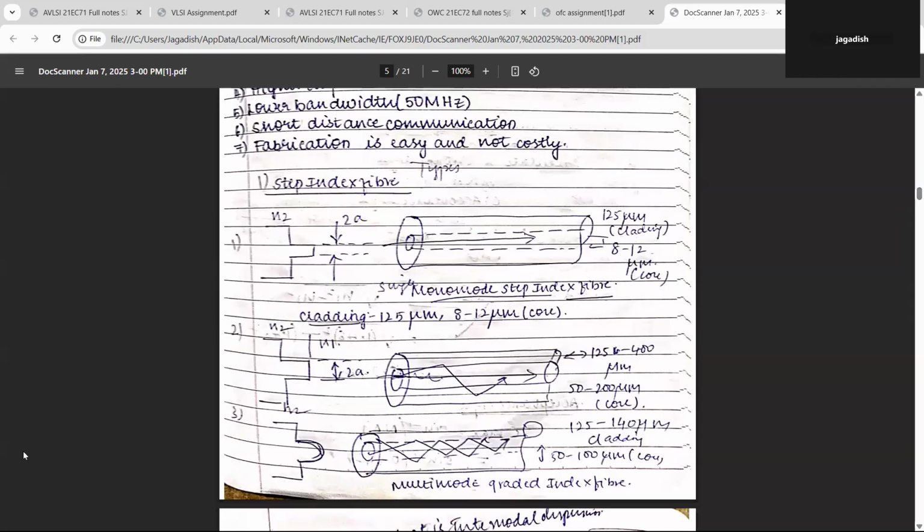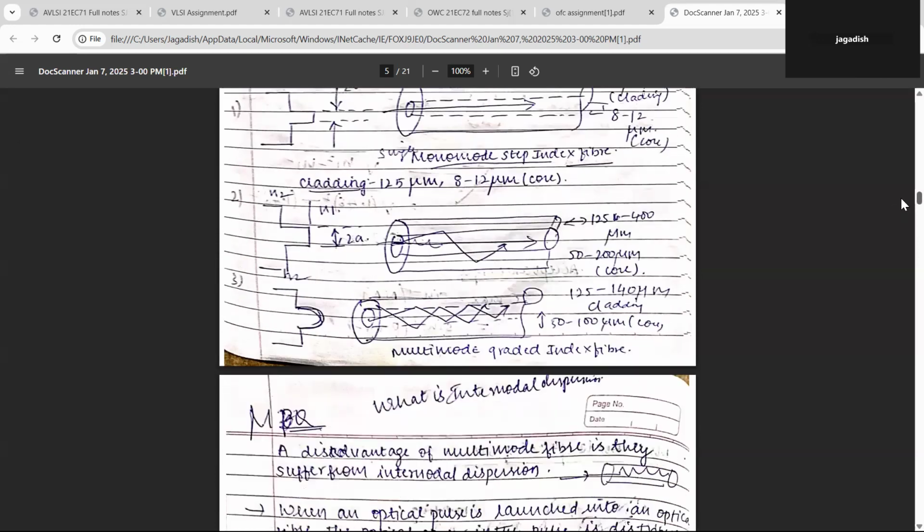I've already explained single mode optical fiber and step index fiber, multi-mode graded index, single mode. I've only briefed these diagrams, and I've shared the complete notes, in which you have these diagrams.